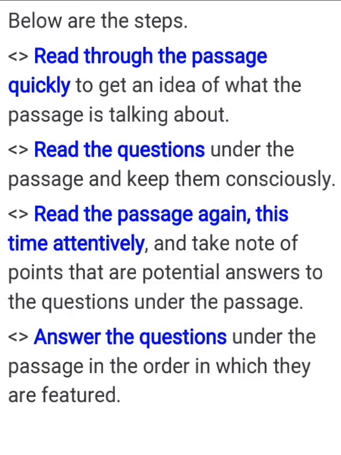Then the last step is to answer the questions under the passage in the order in which they are featured. And so, having read through the passage thoroughly and having taken notes of potential answers to the questions, it will now be time to answer the questions. Comprehension passages usually pose questions in two formats.